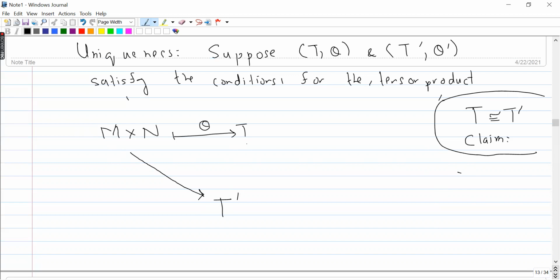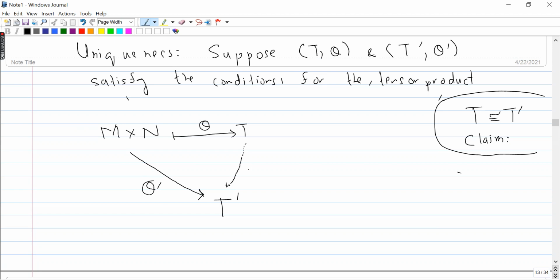So now using the universal property of the tensor product, it is given that theta bar is a map from M cross N to T dash.